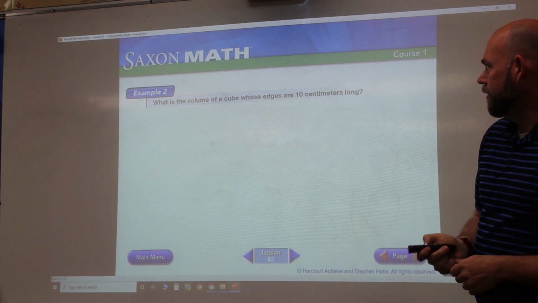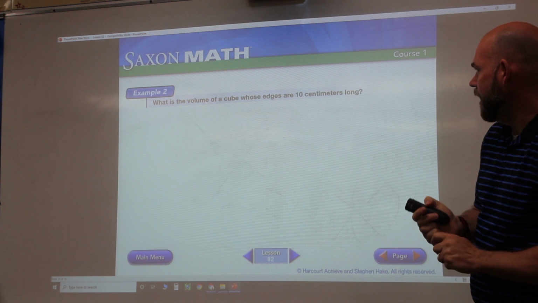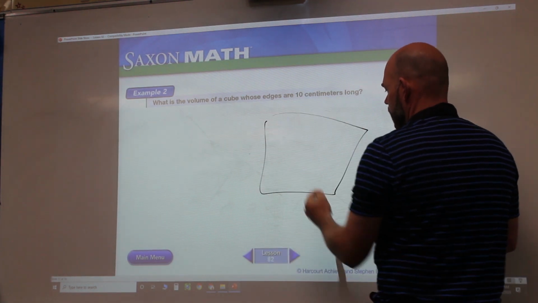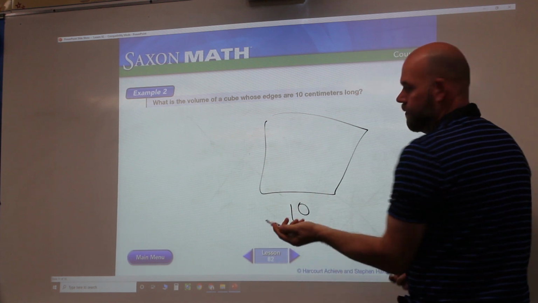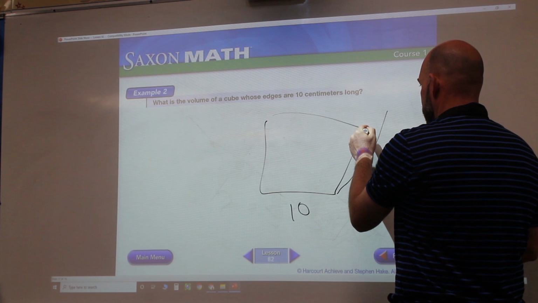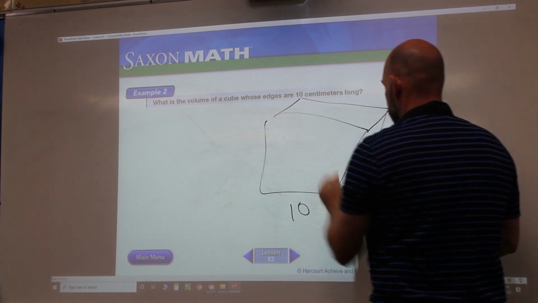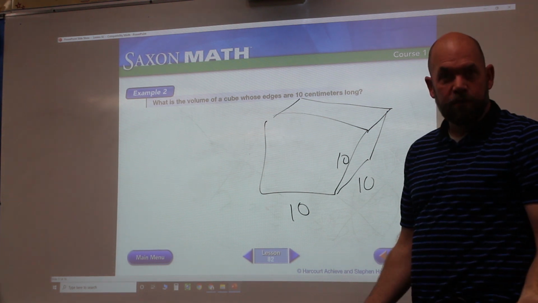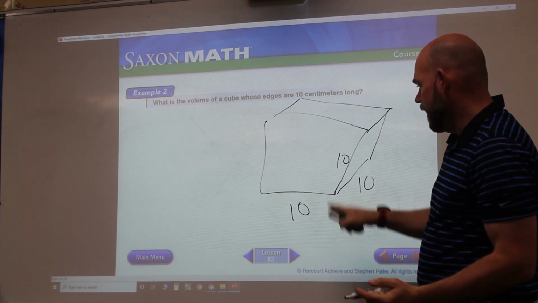Alright, so let's practice this. What's the volume of a cube whose edges are 10 centimeters long? So if we look at this, and we have 10 centimeters, if it's a cube, that means it's even, right? So 10 centimeters by 10 centimeters by 10 centimeters, we have our formula, 10 times 10 times 10.